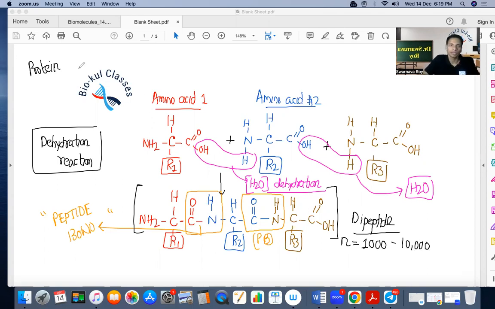So that's why a protein is called a polypeptide, which has these thousands of amino acids joined together by dehydration reaction, right? So there are many peptide bonds.